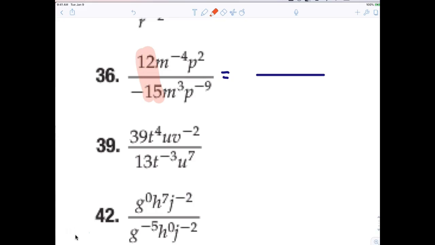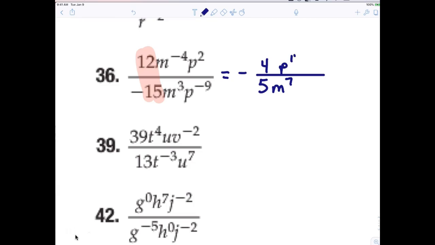Reduce that. 4/5. Perfect. All right, now tell me about the m's. And then the m's go to 7 on the bottom. Thank you. P to the 11th on the top.